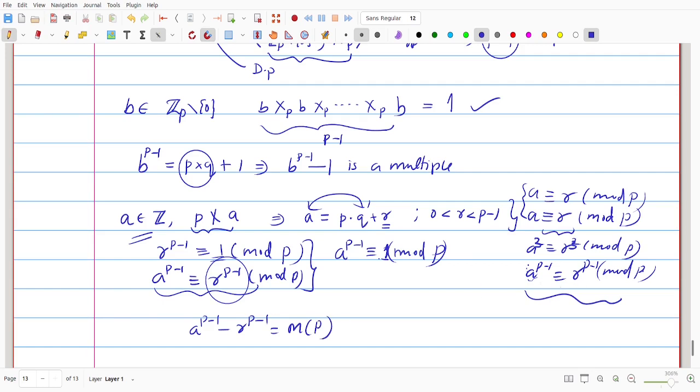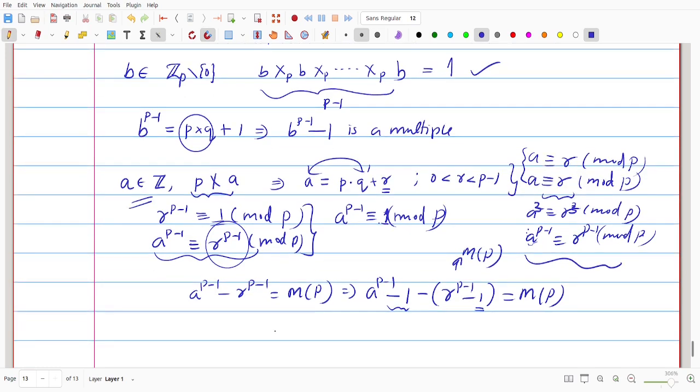Okay, so if you subtract 1, this implies A raised to P minus 1 minus 1, minus R raised to P minus 1 minus 1, is a multiple of P, because you can cancel this minus 1 and this plus 1, and you will get the same thing. We have already shown that if R is an element between 0 and P minus 1, then R raised to P minus 1 minus 1 is a multiple of P as well.